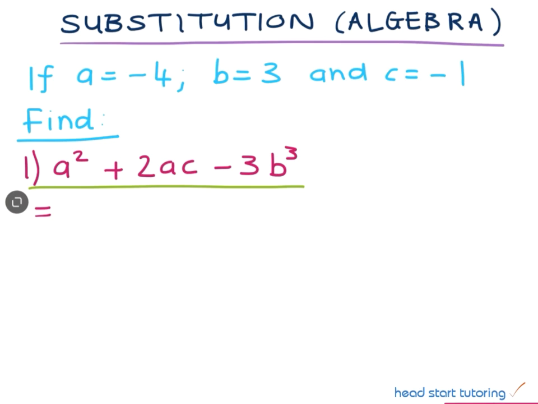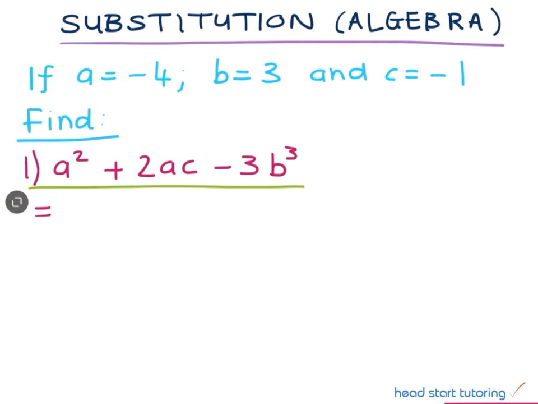Let's have a look at this example when the values of our variables are a little bit more difficult because they now have negative numbers, negative values. So when we are working with substitution that involves integers and negative numbers, we just need to be that much more careful when we are working out the value of what we are working with.